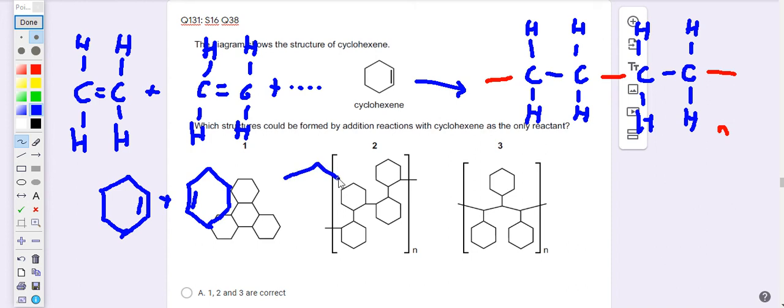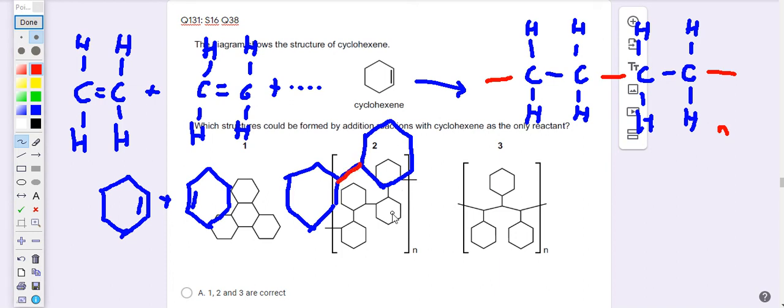So it could look something like this. It forms a new bond, bonded to another carbon from the monomer. Sorry, no more double bond, my mistake. So this is the new bond, I'll put it in red color.